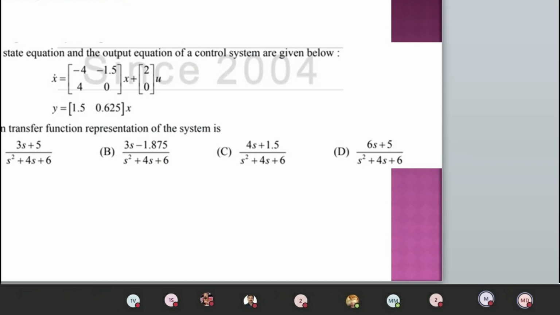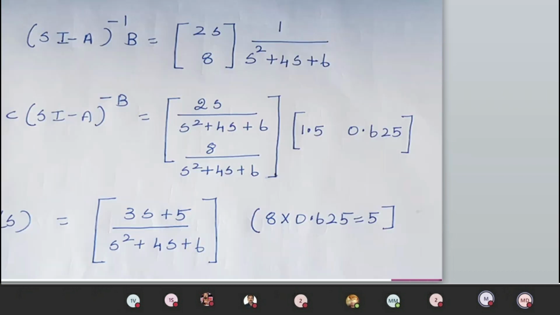A is -4 minus 1.5 4 0. B is 2 0. C is 1.5 0.625. Okay, so sI minus A inverse B is 2s by 8 1 by s square plus 4s plus 6 into 1.5 0.625. If you cross multiply, your transfer function is 3s plus 5 divided by s square plus 4s plus 6.